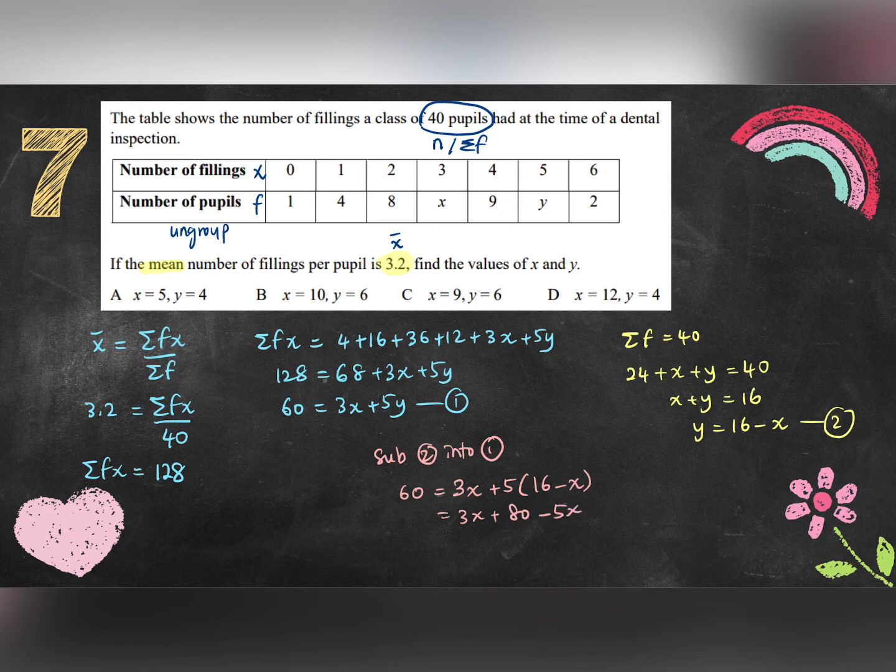Okay, now we have 60 minus 80 adalah negative 20 equals to negative 2x. So, x is 10. Okay, so dekat mana x sama dengan 10? 10 ini. And so, automatic our answer is B lah.